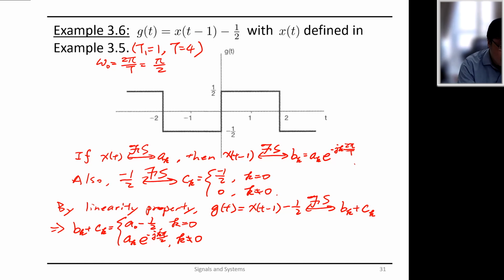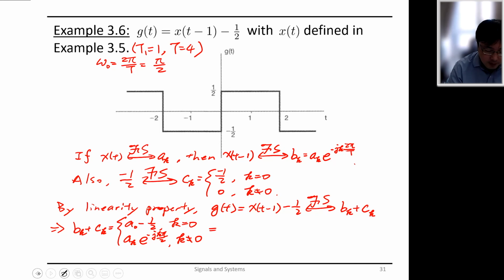Now you can further write this. You can further substitute the values of a0 and ak from the Fourier series representation of this periodic square wave that we derived before.